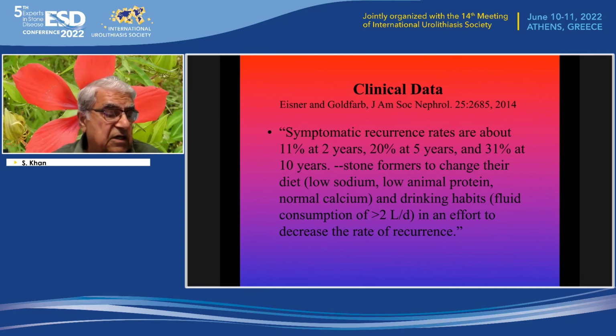The recommendation to stone formers is to change their diet: low sodium, low animal protein, normal calcium, and fluid consumption of more than 2 liters a day in an effort to decrease the rate of recurrence.